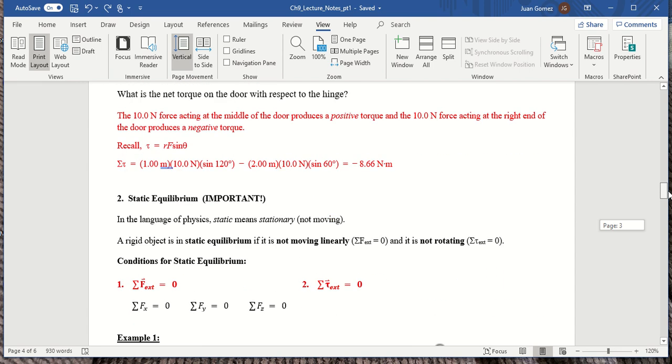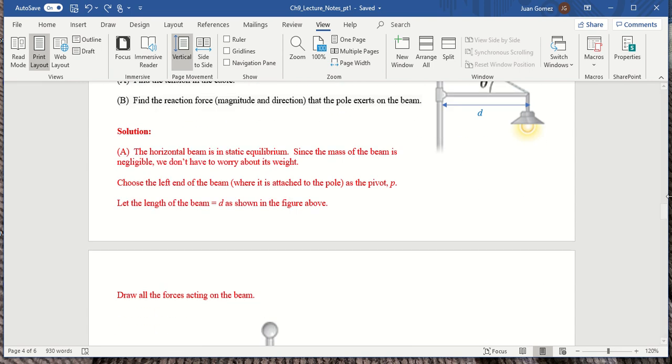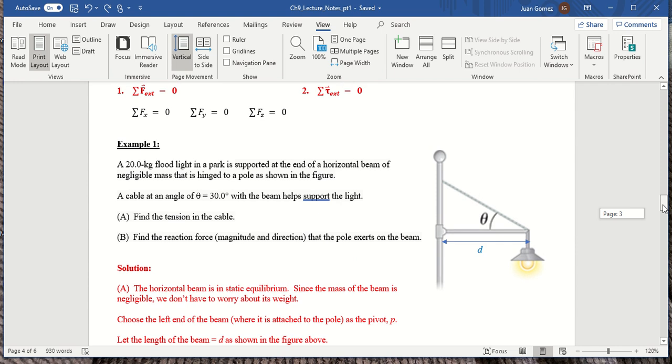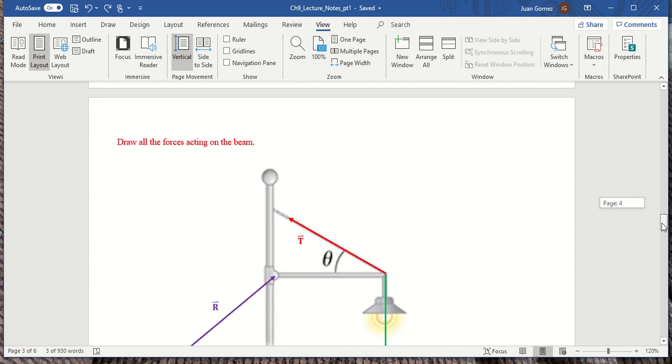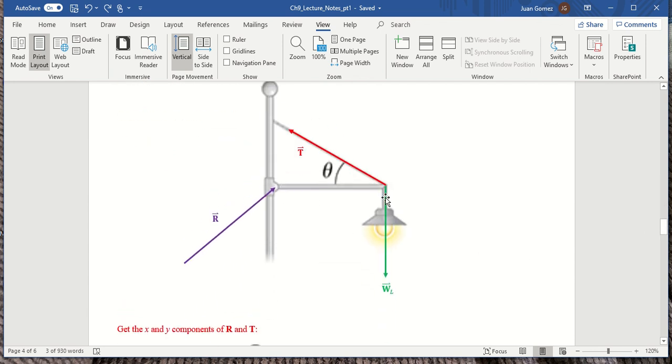The floodlight has a mass of 20 kilograms. So the weight of the floodlight, which I'll call WL for the weight of the light, acts here where the light is hanging, at the right side of the beam.